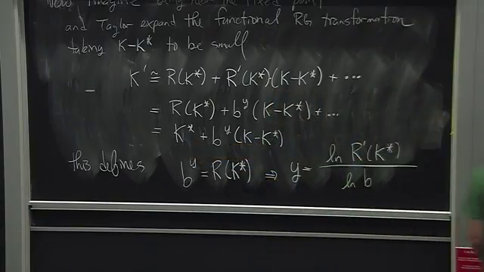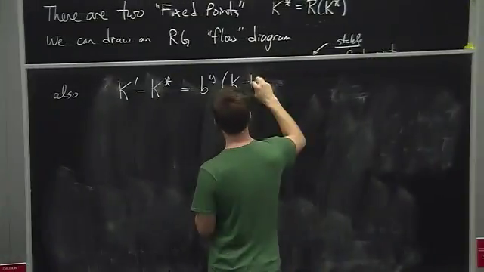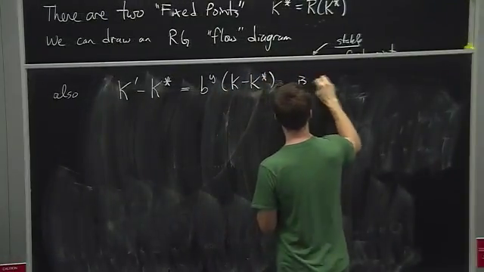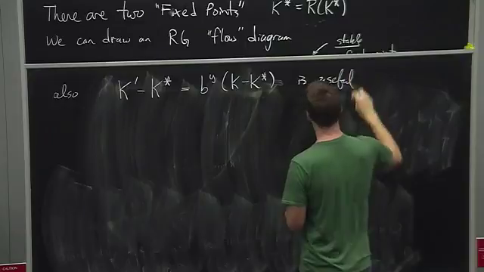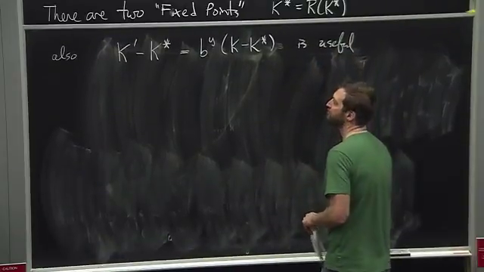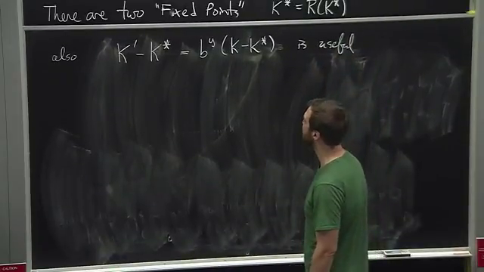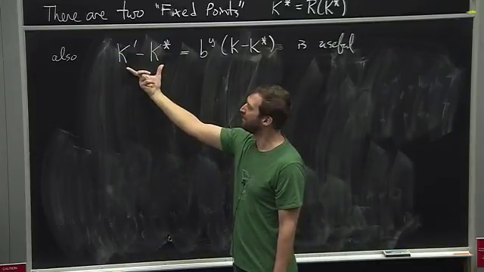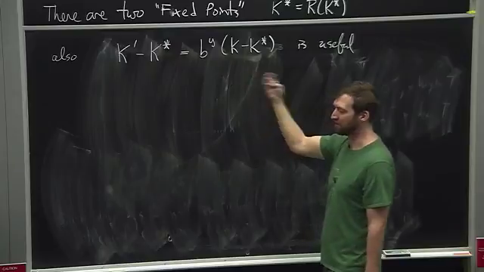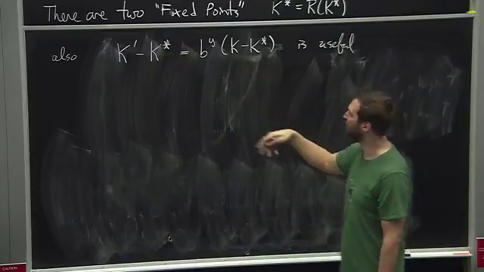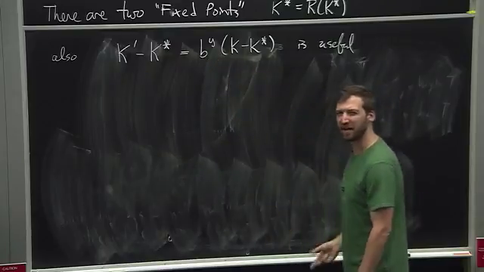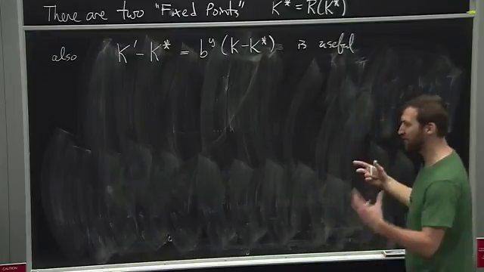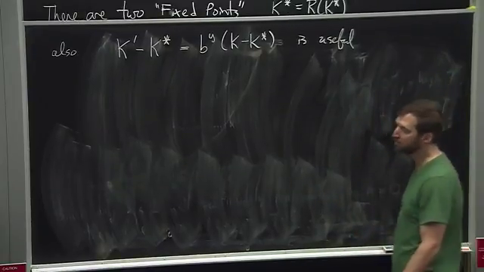So K prime minus K star is just b to the y. This is probably the one that we'll use. So a small distance away from the fixed point is related to the distance at the next lower length scale by b to the y. It's like the scaling dimension of that transformation in the coupling. That's what y is.